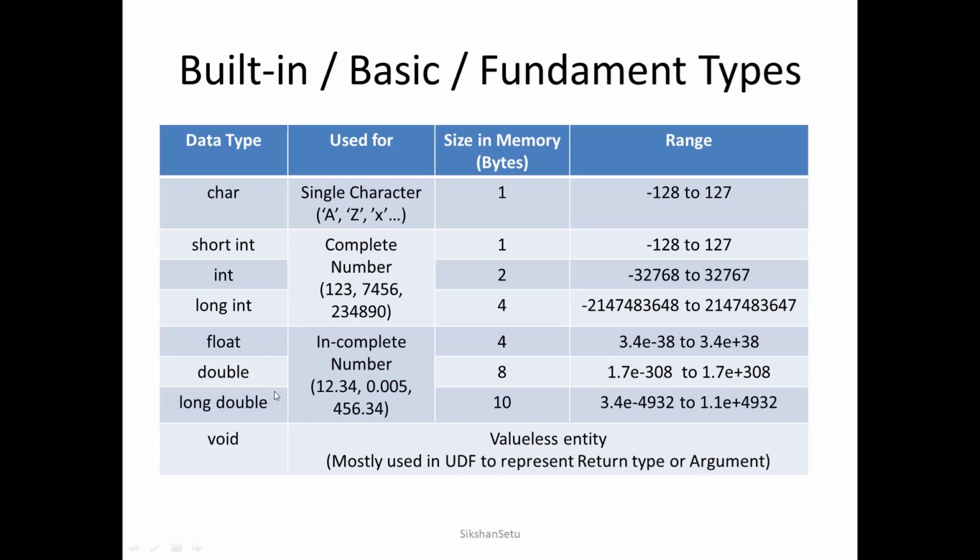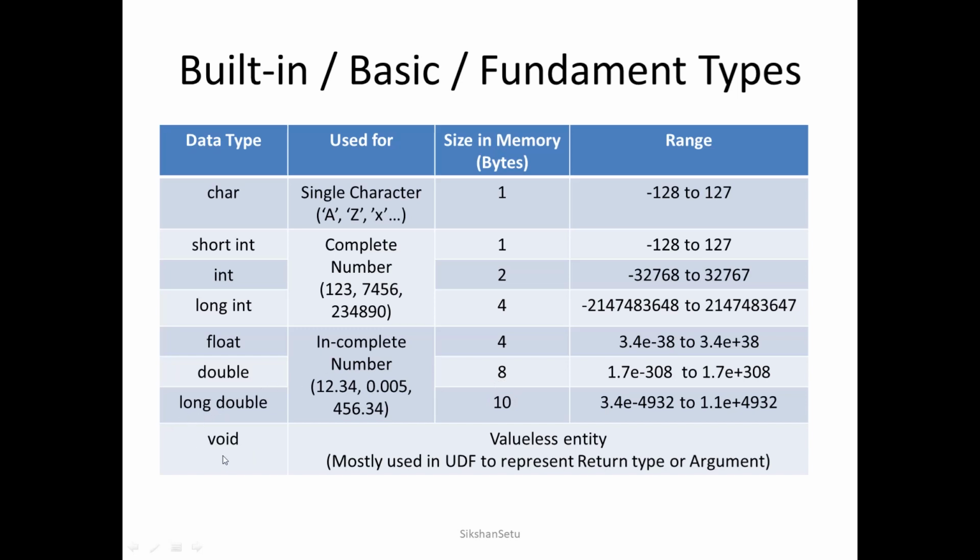All three are for incomplete numbers, or we can say floating point numbers or fractional numbers. Fractional numbers, you can see 12.34, 0.005, these are all fractional numbers. Now the size occupied by a float variable is 4 bytes, double is 8 bytes and long double occupies 10 bytes. And the last one is void.